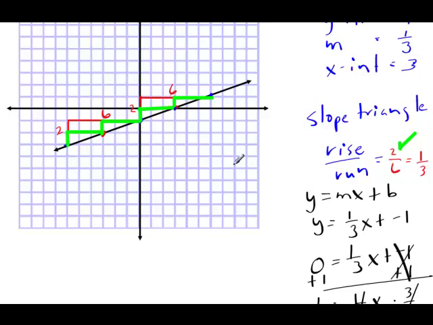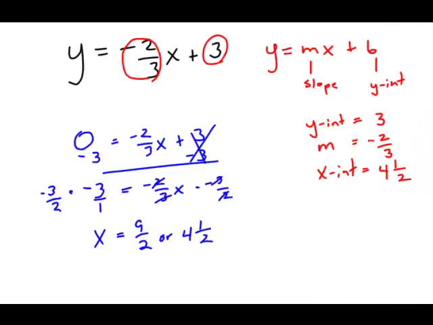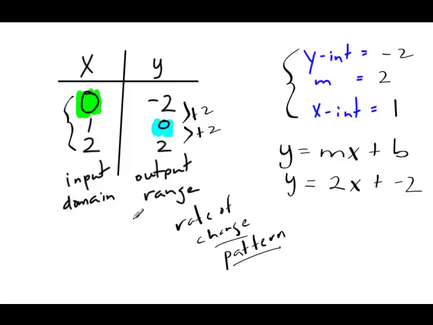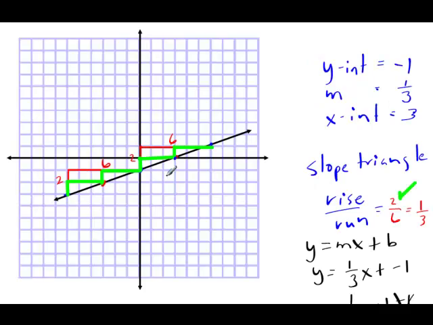So what I just did is started in the first problem with an equation, and I found the y-intercept, the slope, and the x-intercept. Okay, I started with a function table, and I found the y-intercept, the slope, and the x-intercept. And then I started with the graph of a line, and I found the y-intercept, the slope, and the x-intercept.